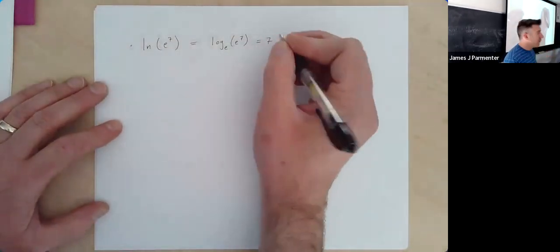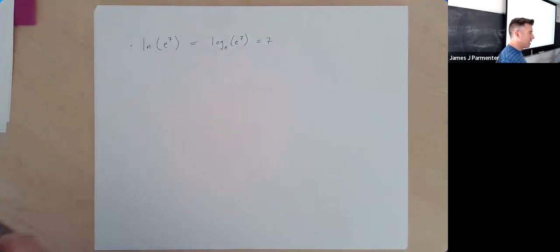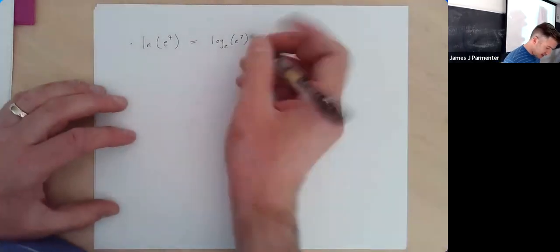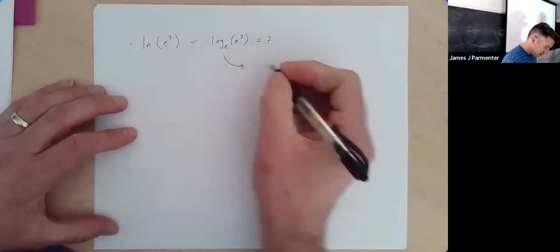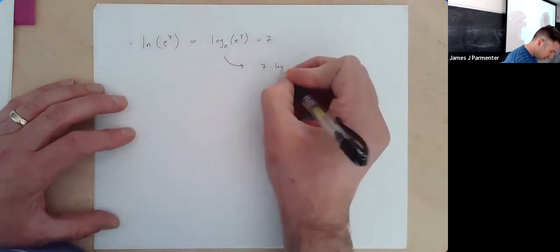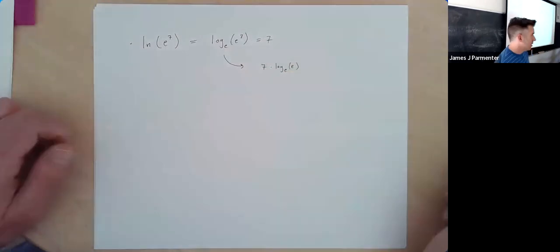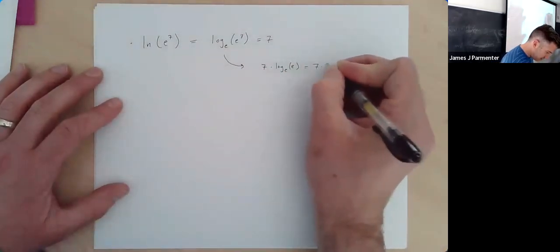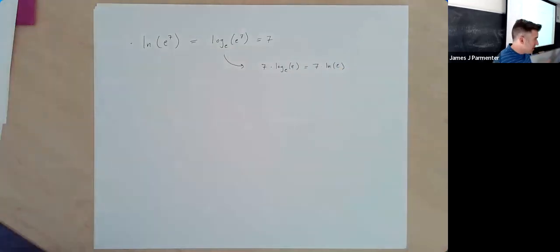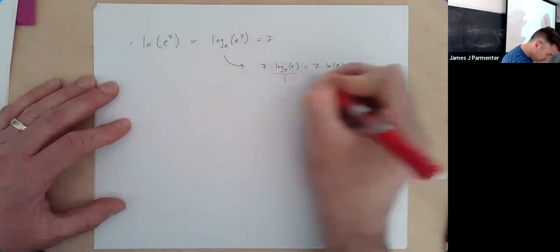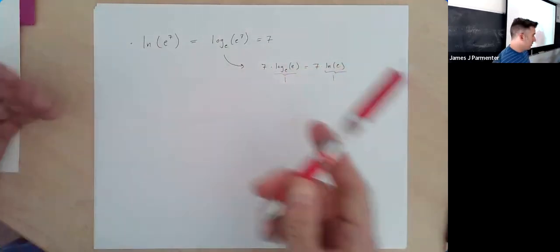Now, you might prefer to view this as the natural log and the e to the whatever undoing what each other does. Another way you could do this, if you want to take a longer path, is to say this is 7 times log base e of e, since the 7 can come down. And log base e of e is 1. I could also have written this as 7 times the natural log of e. It means the same thing. The natural log of e is also 1. These are the same, they're just written differently.